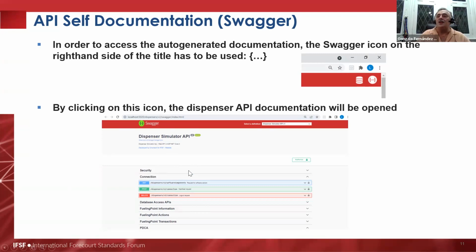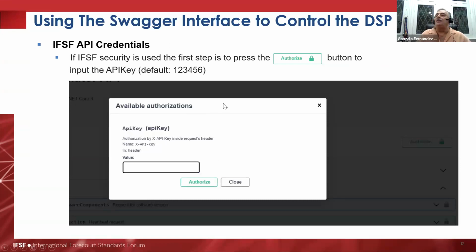To be able to run it, you first need to press the Authorize section, and here it will request the API key to connect. As I mentioned before, the default API key that we haven't changed is 123456, and we select Authorize. That authorization is cached for all the future connections that the API does.